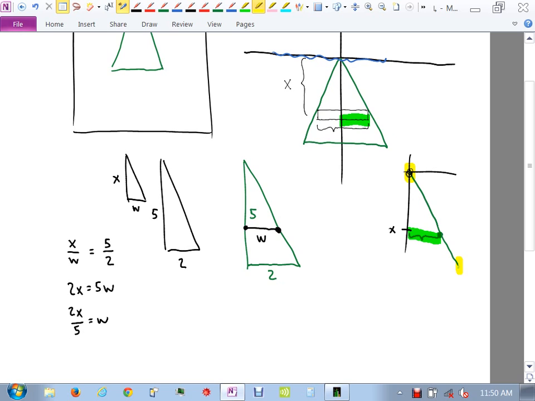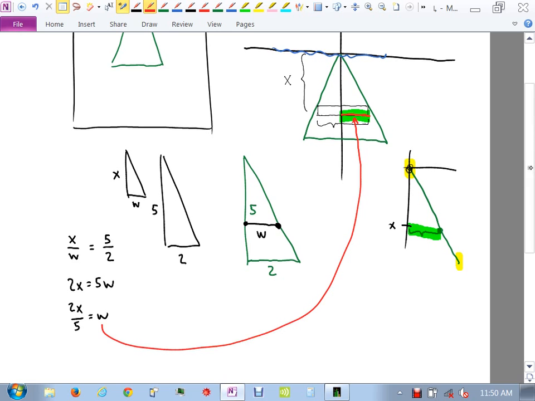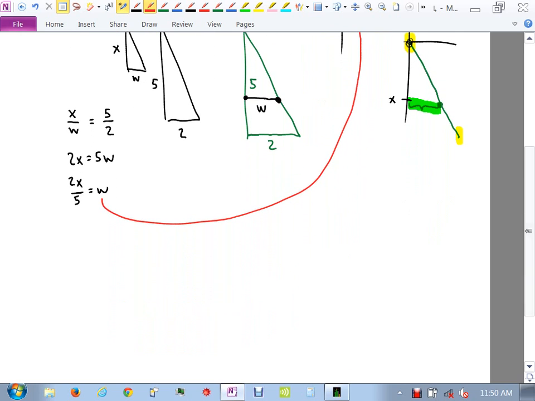Now, that's just the width. Going back up here, this width, W, is just this right here. So what's the width of our entire strip? Twice that, right? So 4x over 5. All right, let me try and put this together down here.